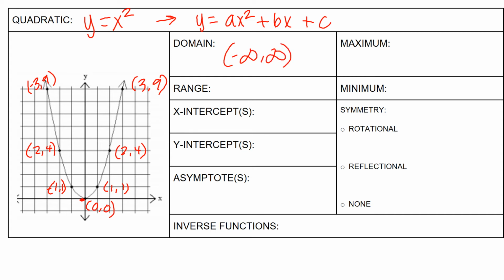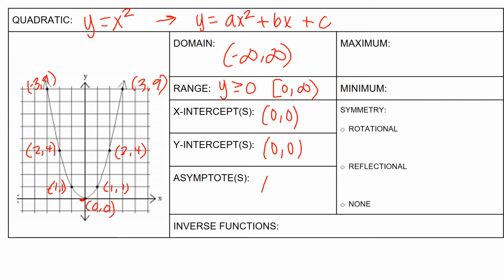Our range this time, we have a low point, right? So our range isn't all real numbers. Our range starts at 0. So our range is y is greater than or equal to 0. Or if I write it in interval notation, it's from 0 to infinity. What is our x-intercept? 0, 0, and so is our y-intercept.